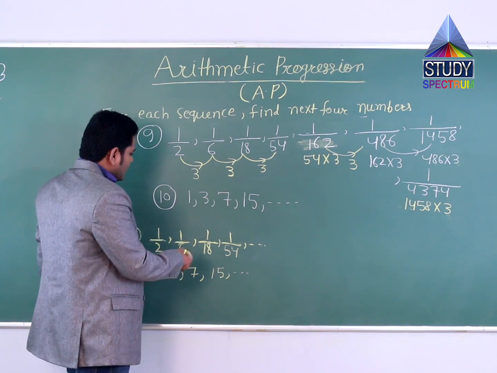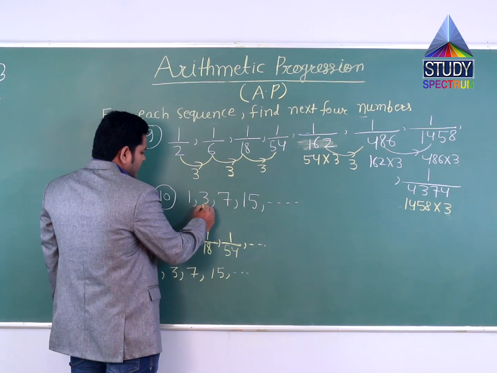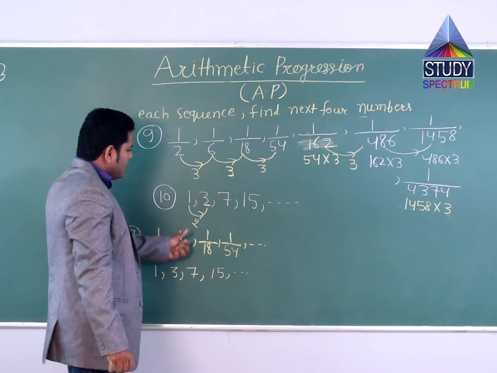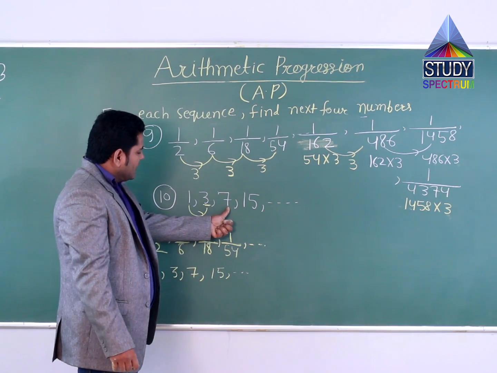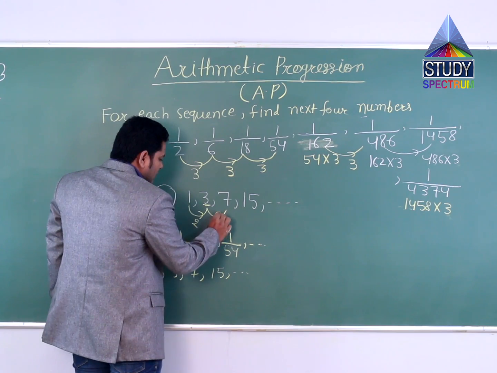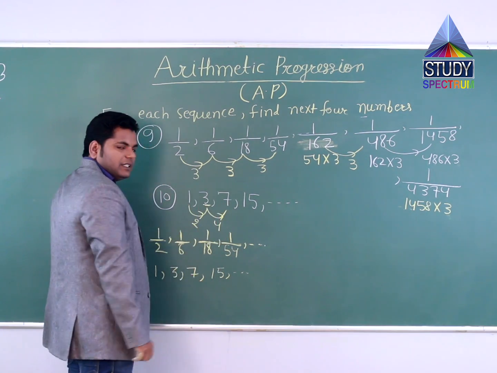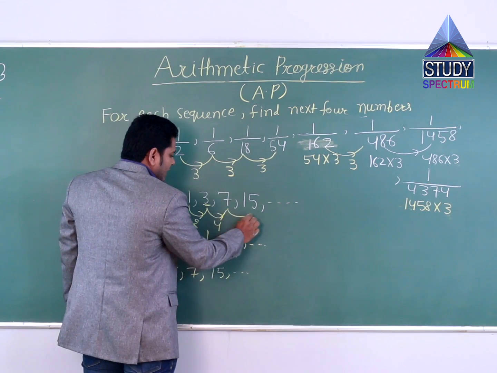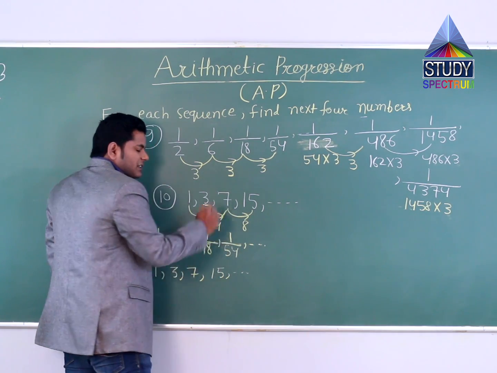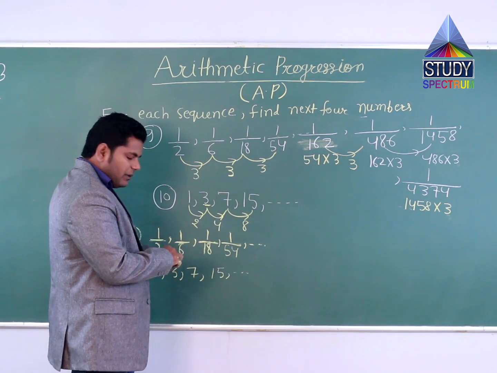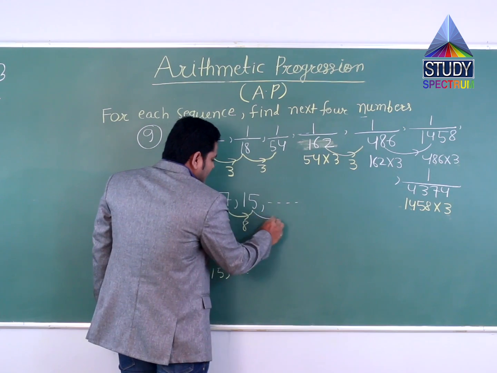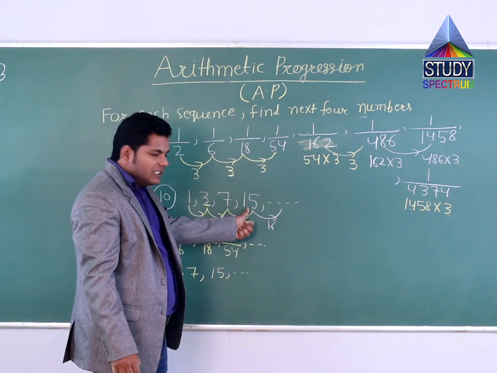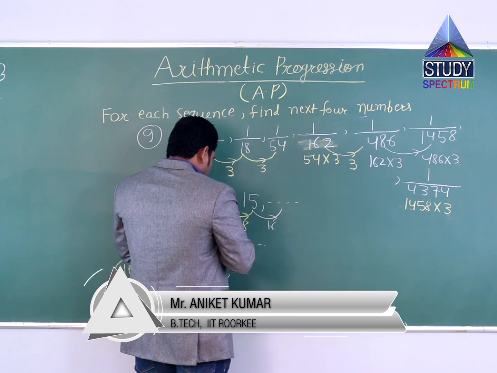So first of all, we analyze that 3 can be obtained by adding 2 to the term 1. 7 can be obtained by adding 4 to the preceding term, which is 3, and 15 can be obtained by adding 8 to the preceding term, 7. So what will be the next term? We'll get the next term by adding 16 to the preceding term, 15, so it will be 31.